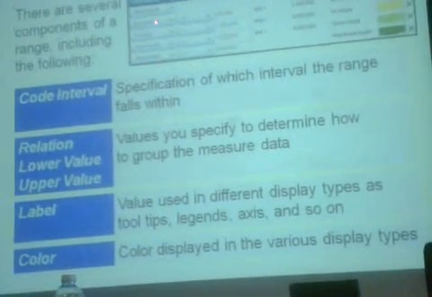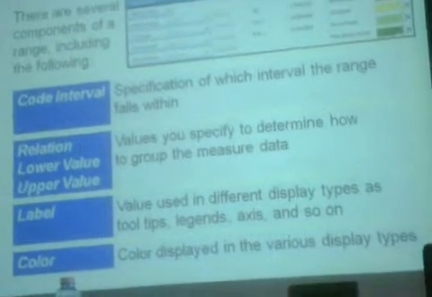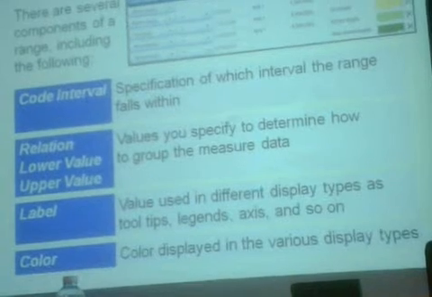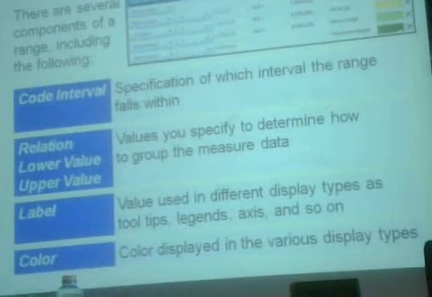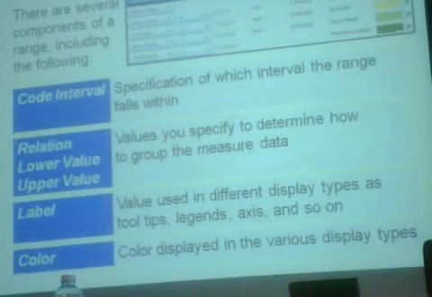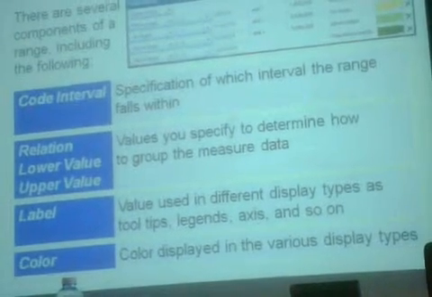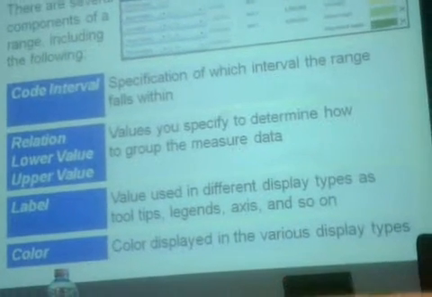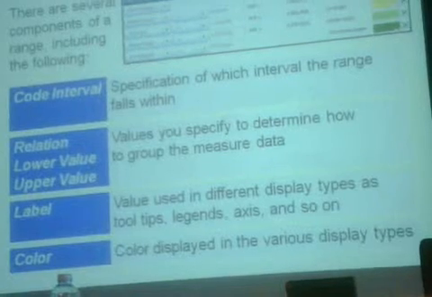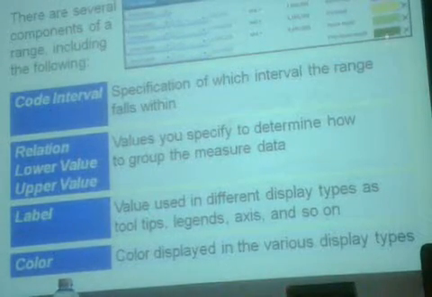And the code intervals can only be 3 values: below target, on target, above target. So this establishes red, yellow, and green as the colors for certain gauges. Any static gauge would use this property to determine what color it's going to be. The dynamic gauges and other things like bar charts would use any colors that you establish over here.